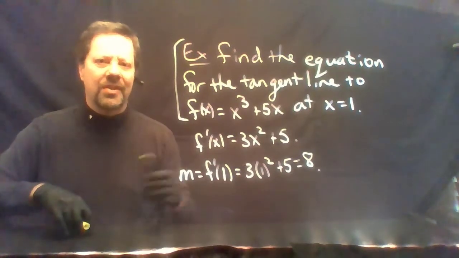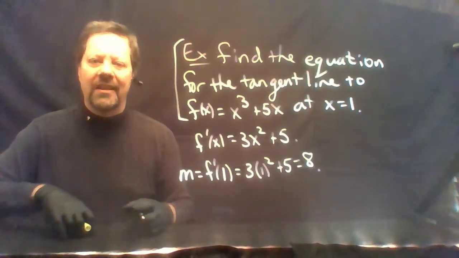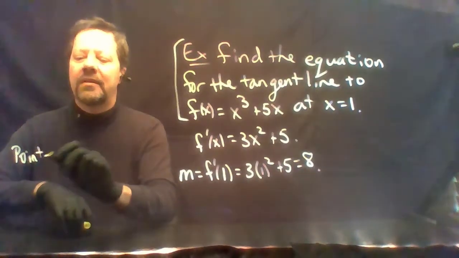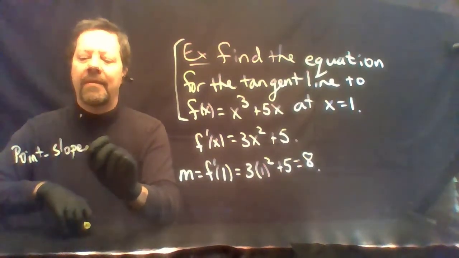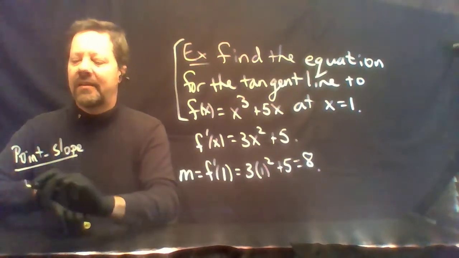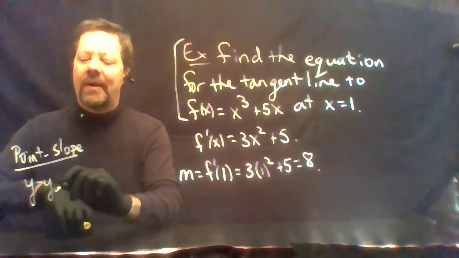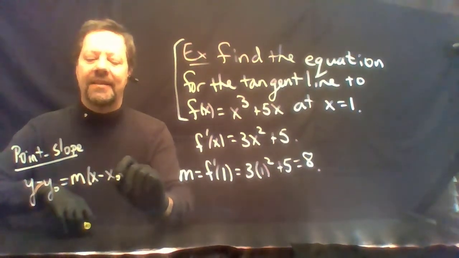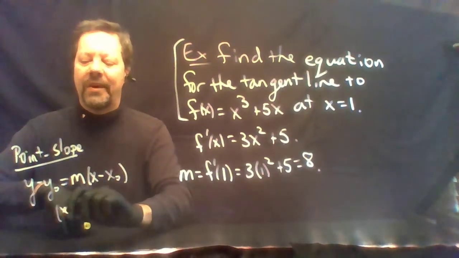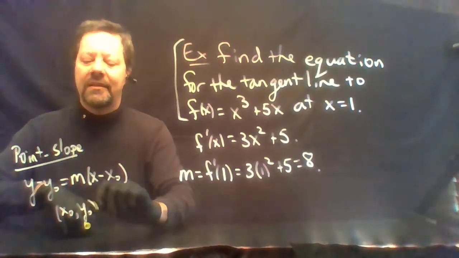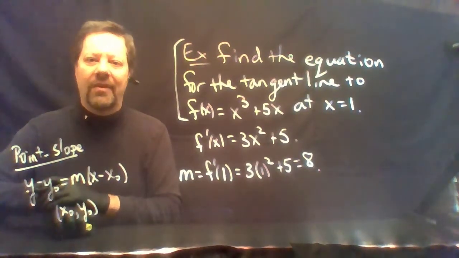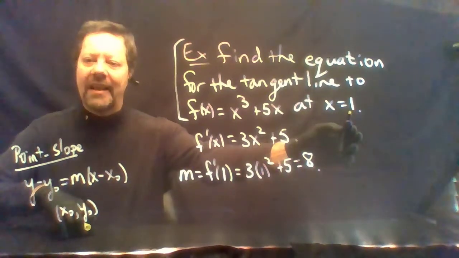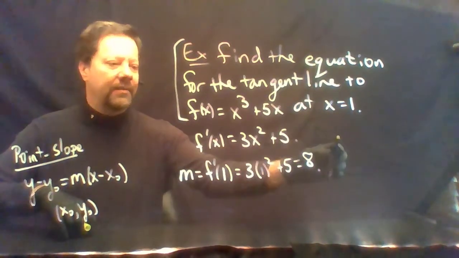But it takes more than just a slope to write down the equation of the line. We need the point slope form of a line. That's y minus y naught equals m times x minus x naught, where the point x naught, y naught is assumed to be a point on the line. We need a point. So far, we only have the x-coordinate of a point.